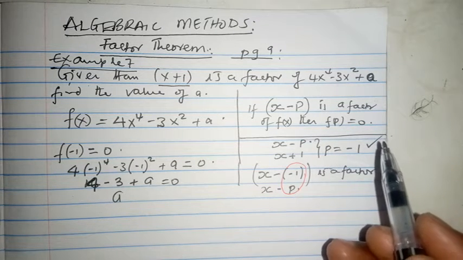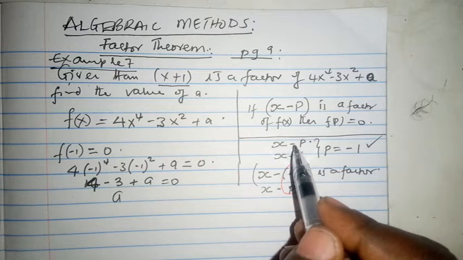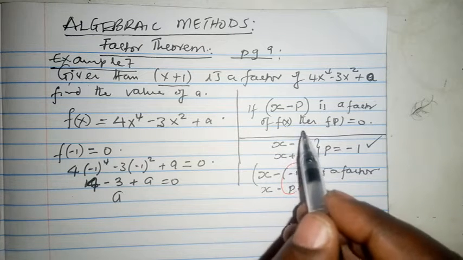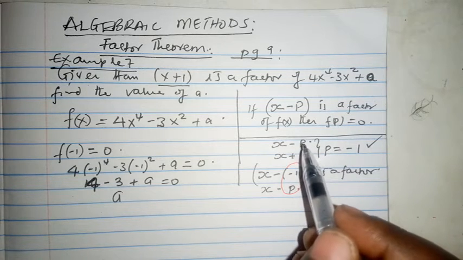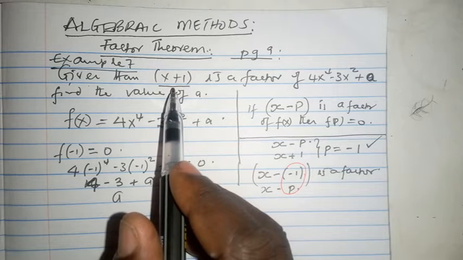There is something to compare here. This is supposed to be a factor, and this is the general case, x minus p. Then f(p) is going to give us 0. But in our specific case, we have x plus 1, which we are being told is a factor.